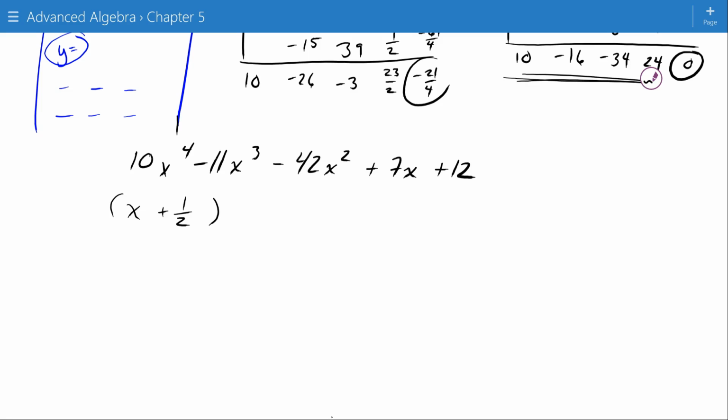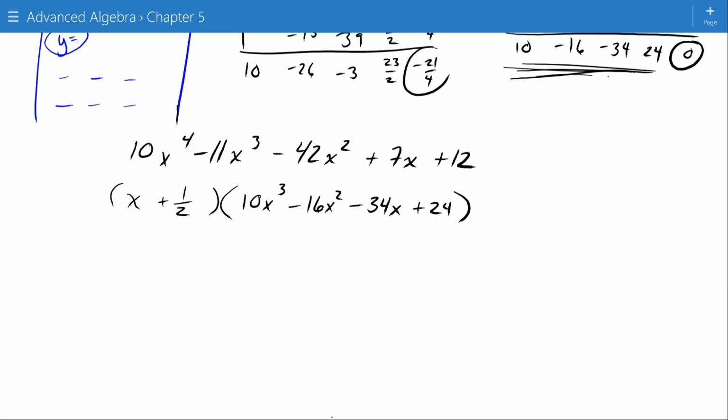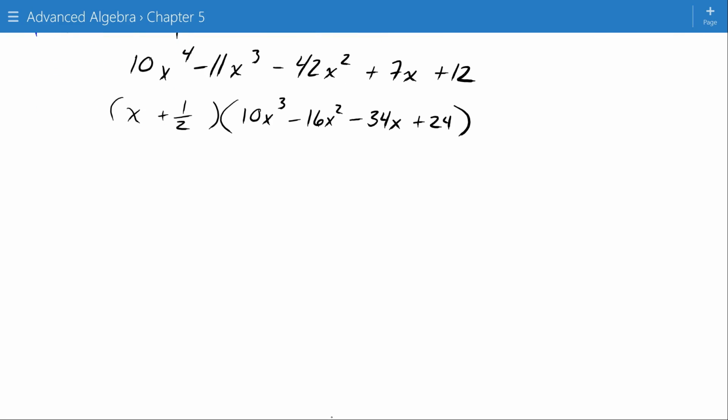If that's a factor, your 10, negative 16, negative 34, 24, which we have from the synthetic part, is what the other factor is going to be: 10x cubed minus 16x squared minus 34x plus 24. And it leaves us with a little something easier to work with. So now we focus on that second piece, and we try to factor and break that one down.